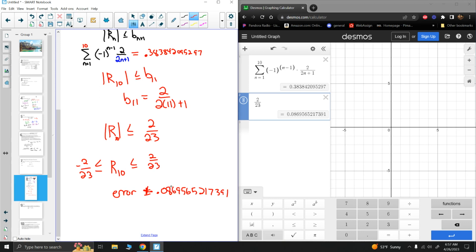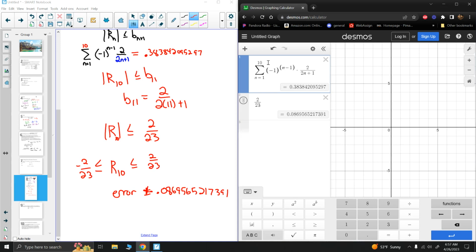So it's kind of a larger region of error than we've seen, but that's again easily fixable by just taking the sum out further. So if we just did it out to say 100 terms, it'd be 0.42.